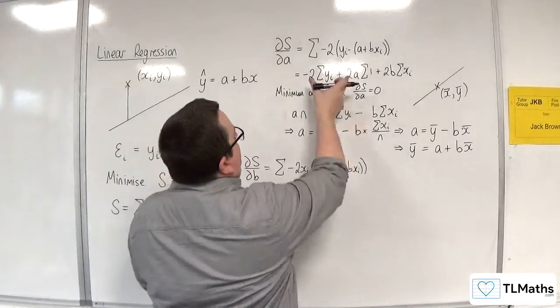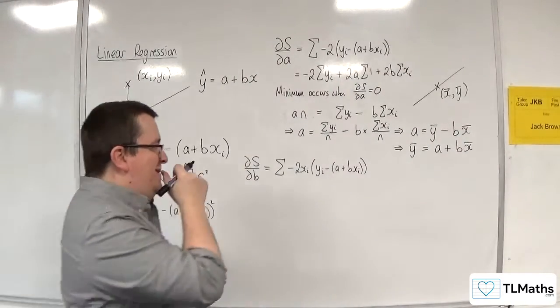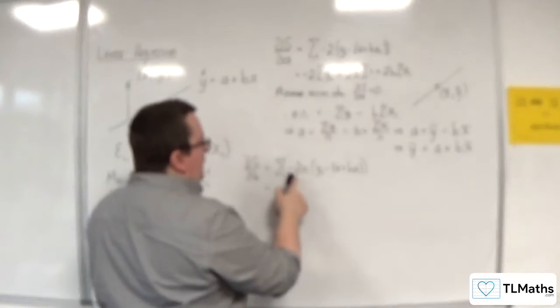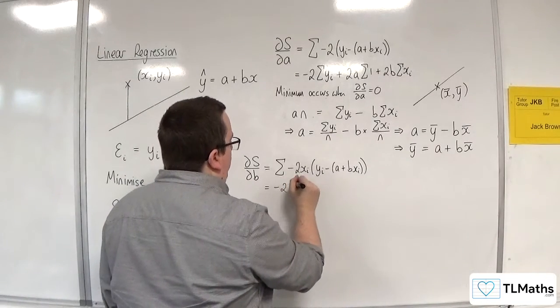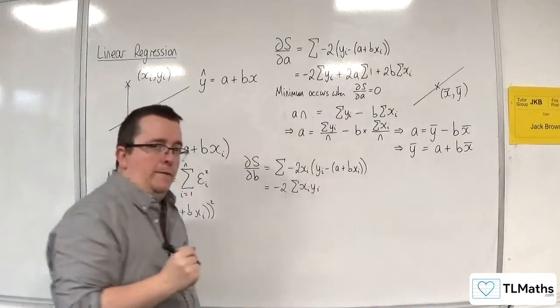Now I want to do what I did here. I want to expand out all the summations. So what have we got? We've got minus 2 xi yi there. So the minus 2 can come outside of the summation, but the xi yi have got to stay where they are.